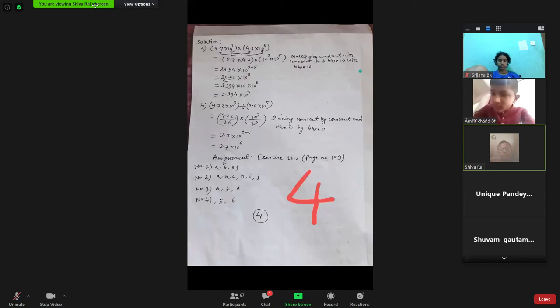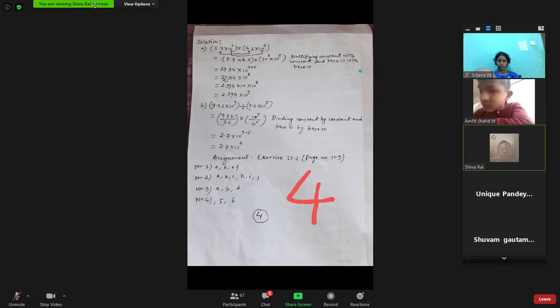So 5.7 into 4.2 is 23.94. Into 10 cube into 10 to the power 5: they have the same base, so the powers can be added. So 3 plus 5 you write. Now we are getting 23.94 into 10 to the power 8.